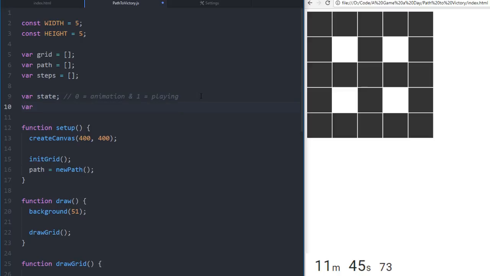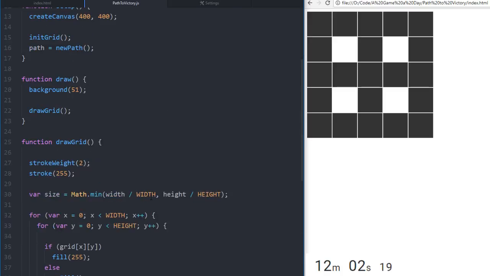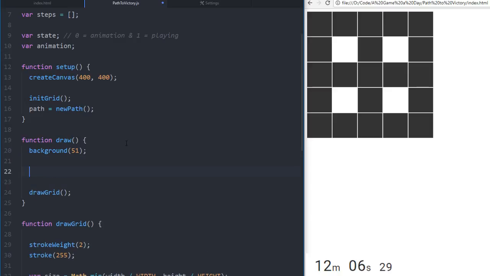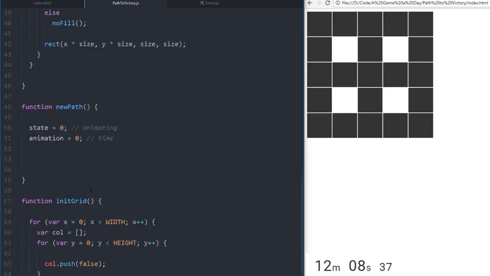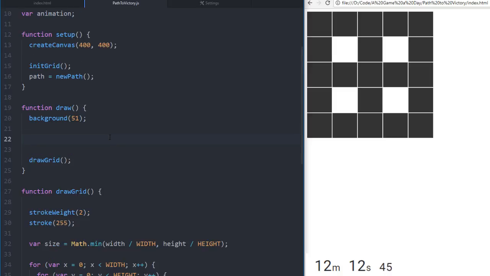Var animation. Yeah, var animation. Animation equals 0 time. So what we'll say is new path. Here we have draw grid, and we have our new path. Let's go here.